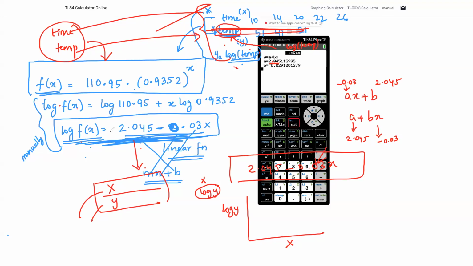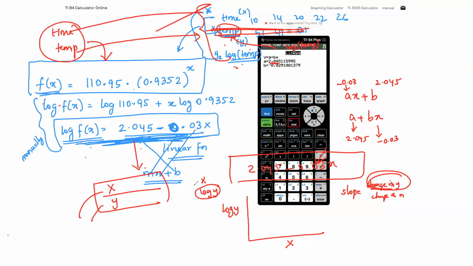Wait. So why does the x value not get logged? Why is it not change in log y over change in log x? Why is it just change in log y over change in x? Okay, what is slope? Slope is change in y by change in x, right? Yeah. In a semi-log plot, which axis is the logarithmic scale? This axis is the logarithmic scale, right?